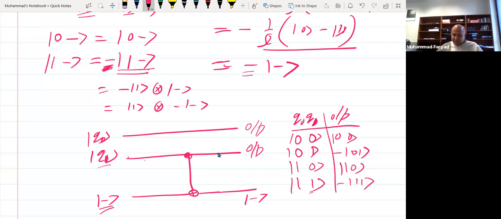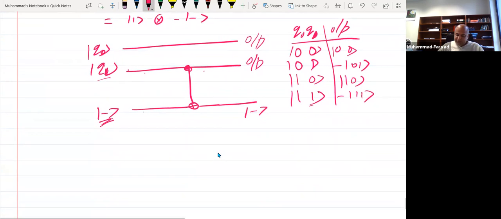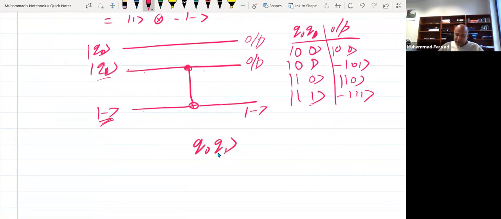So it means by putting this third qubit in minus state, I can prepare the first two qubits in such a way that I can get minus sign in front of half of them and plus sign in front of the other half of them, which means that, for example, for this case, my qubit Q0, Q1 is transformed to (-1) raised to power Q1, Q0, Q1.